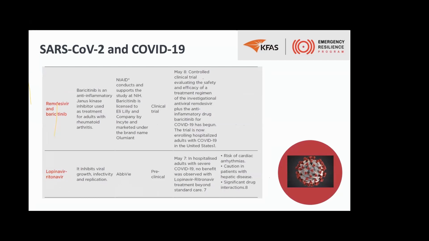The remdesivir and baricitinib, again, because we talked about the immunological response, it was thought that if we inhibit a little bit of the immunological response, maybe we can minimize the complications associated with the immunological response and cytokine storm, and hence anti-inflammatory Janus kinase inhibitor was tried.